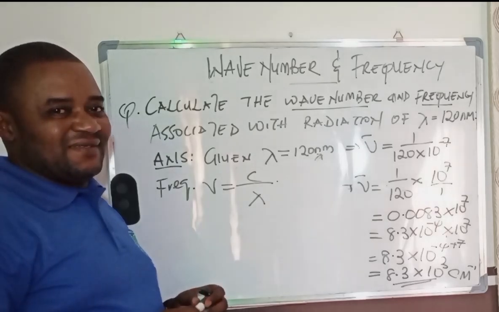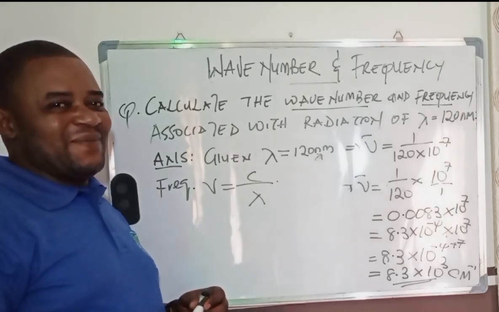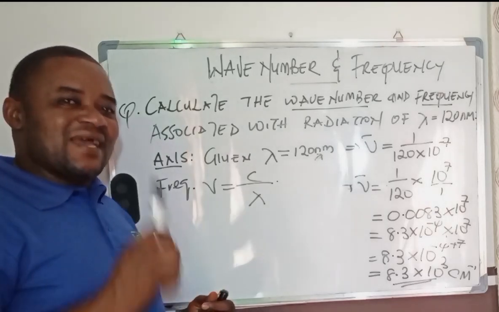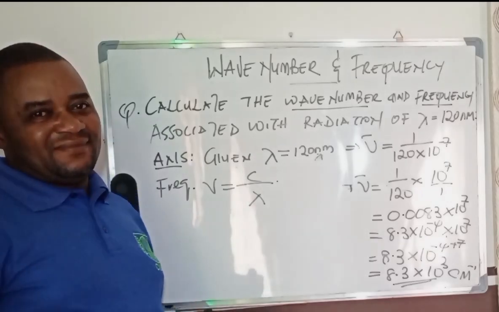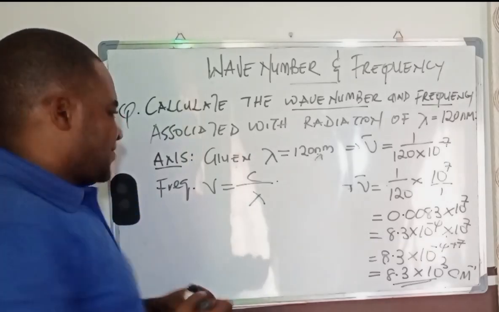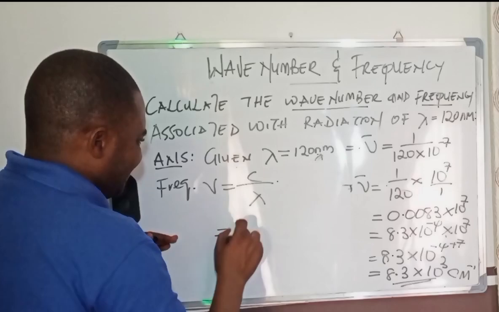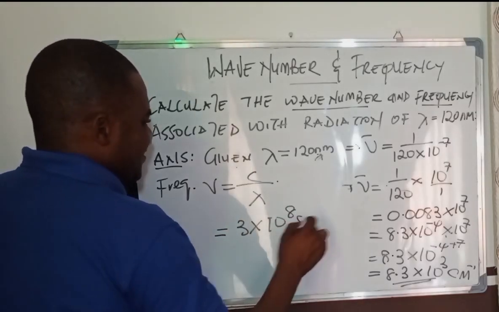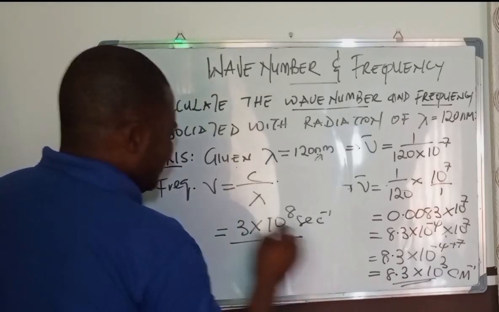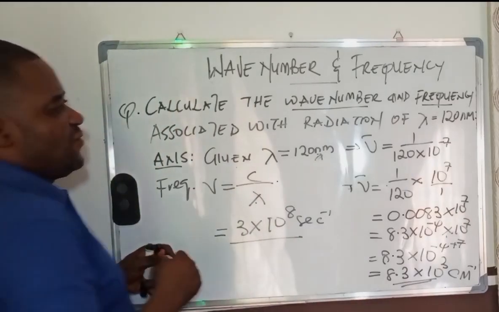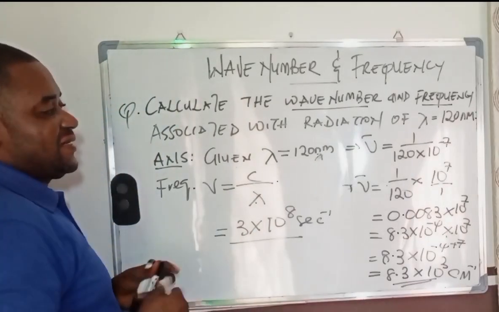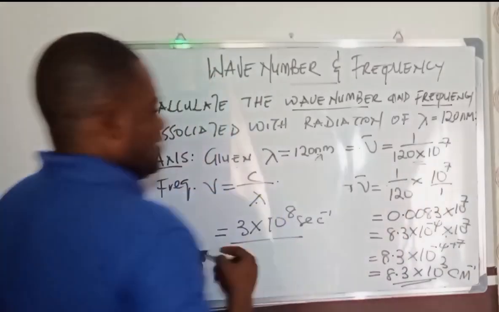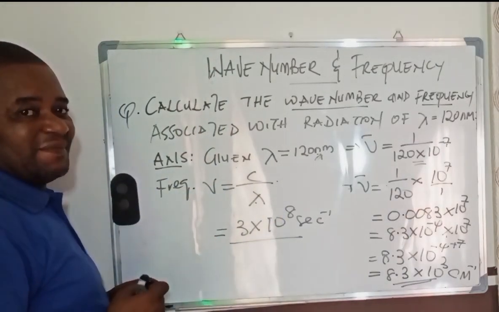Do you remember? In case you do not remember, we said it's 3 times 10 raised to power 8 per second. So that means that we will now have 3 times 10 raised to power 8 per second all over lambda. Our lambda value is simply this value we have here when converted to centimeters.